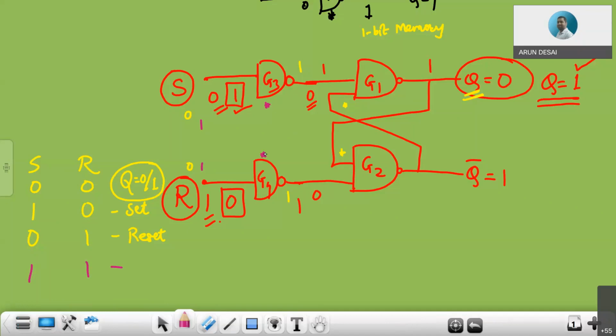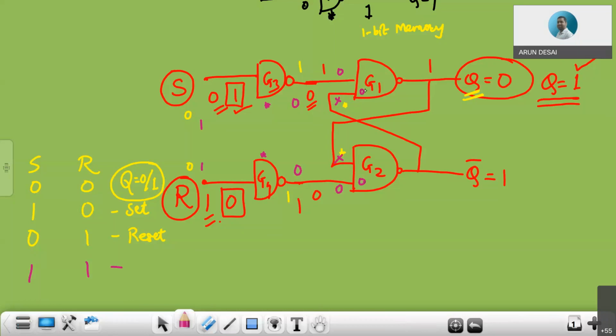Yes, 1 is inverted and it becomes 0. So both the inputs are 0. Obviously, if 0 is here, it doesn't care about this input. If 0 is there, it doesn't care about this input. Right? So it becomes 0 here.